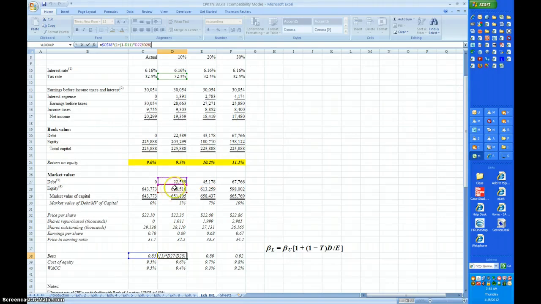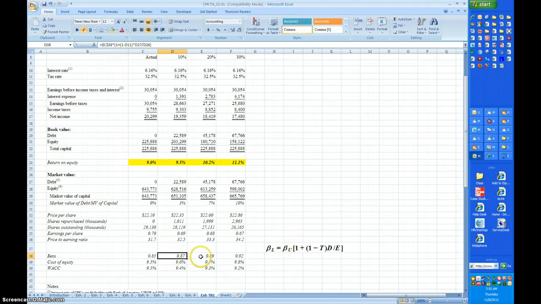And they're using market values, of course. So here's the debt to equity ratio, 22,589,000 over 628,516. So we add leverage, we adjust it for the tax benefit, and this solves for the new levered beta.